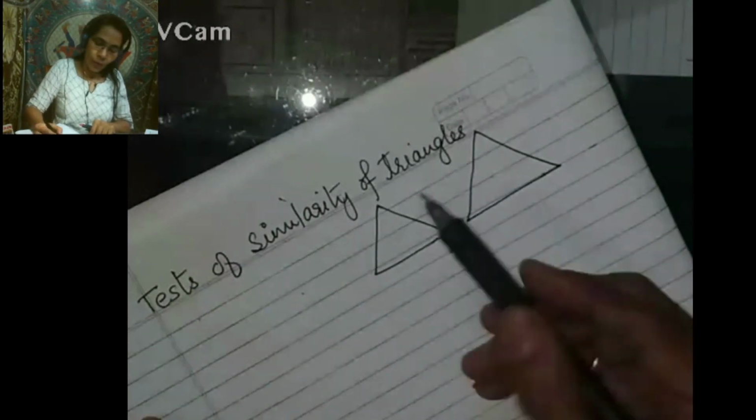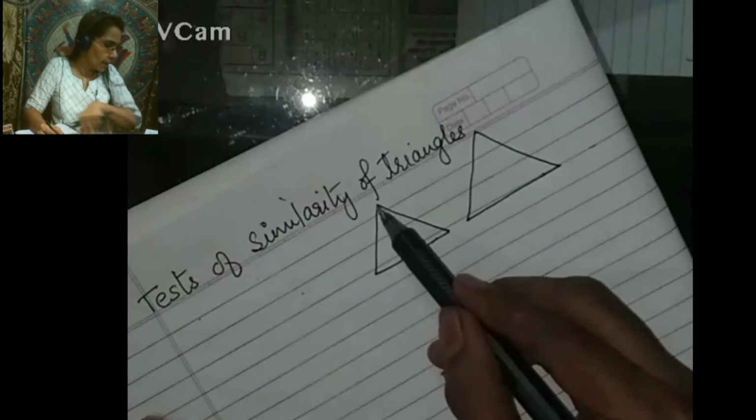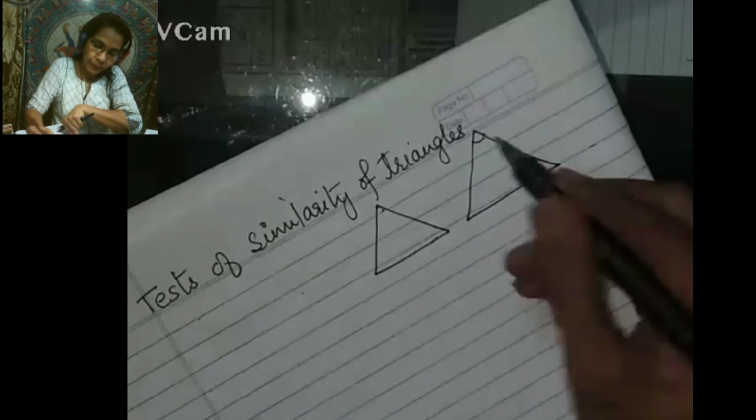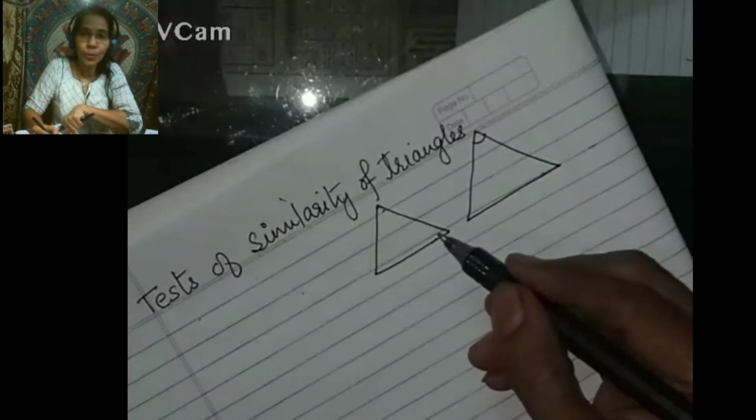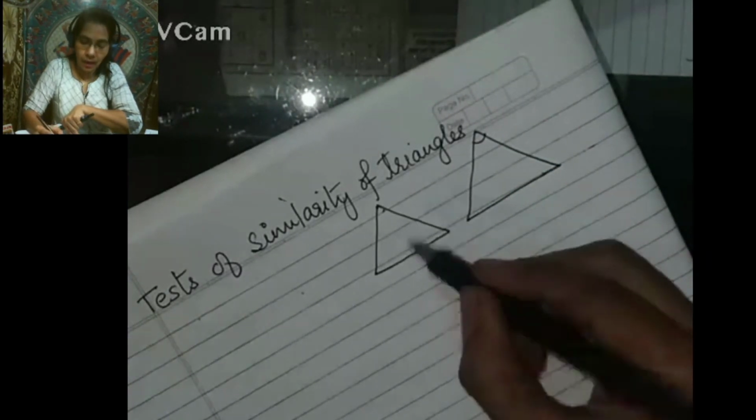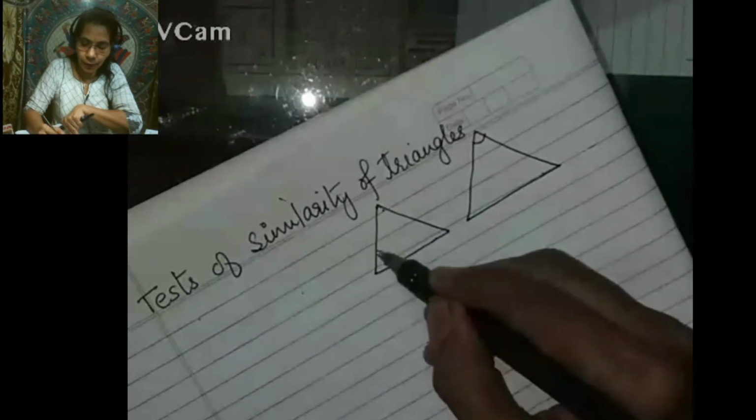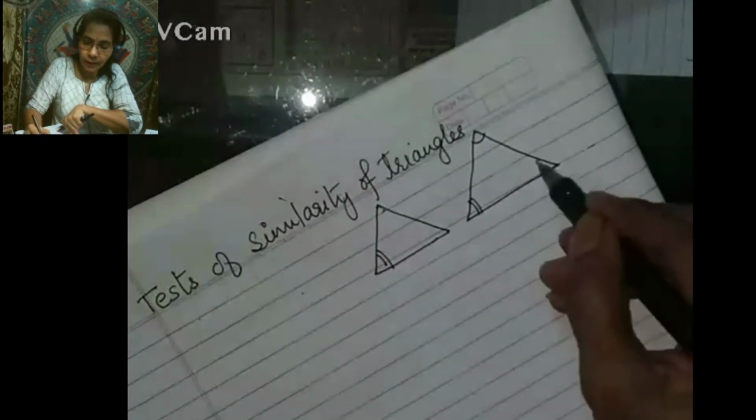Okay? For a given correspondence of vertices, when corresponding angles of two triangles are congruent, then the two triangles are similar to each other.